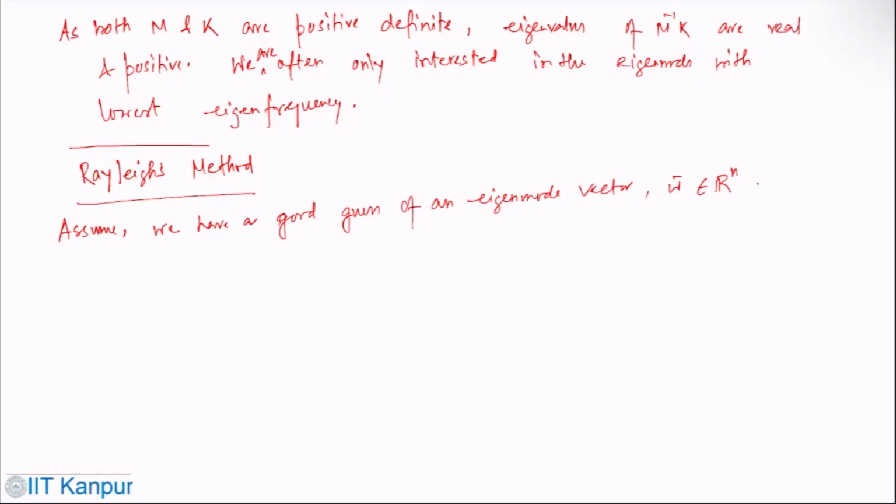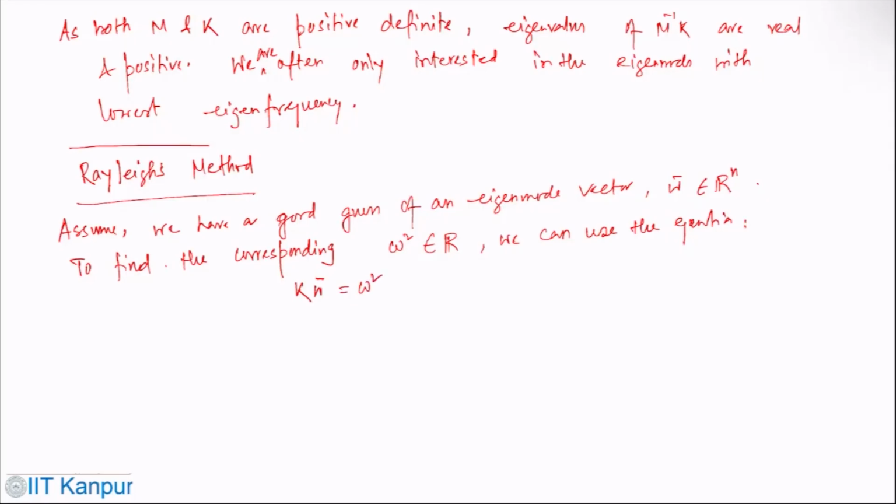Now to find the corresponding ω², we can use the equation K W̄ = ω² M W̄.